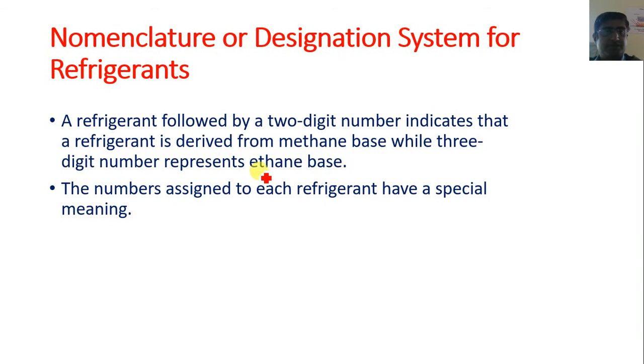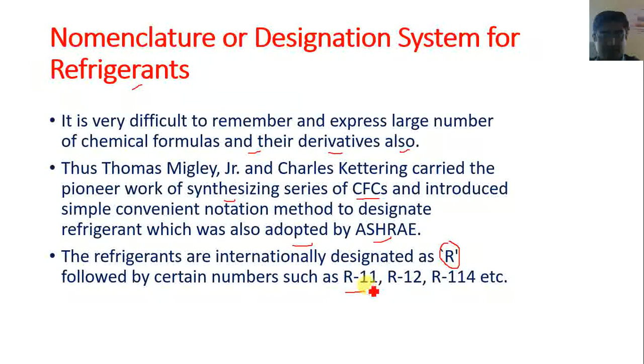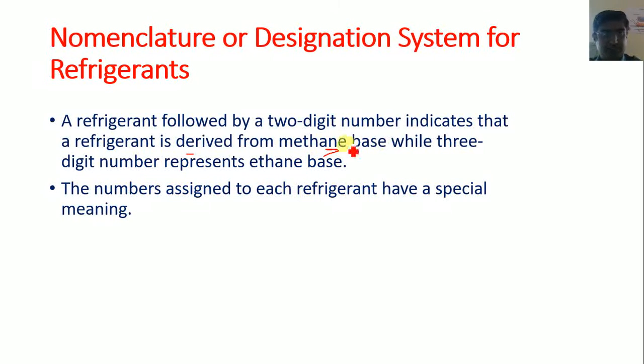A refrigerant followed by a two-digit number indicates that the refrigerant is derived from the methane base.